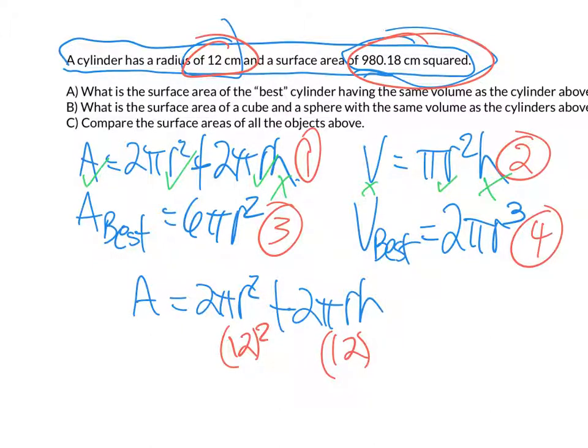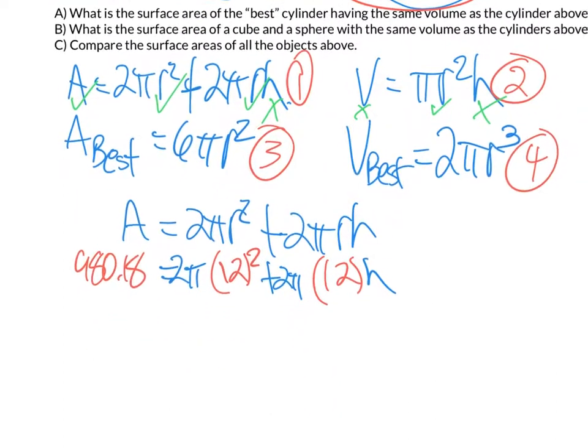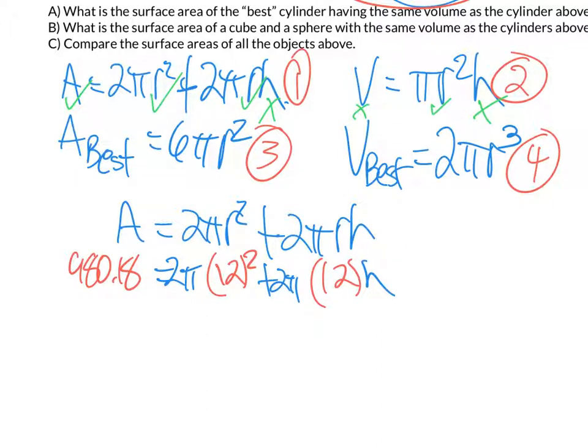I also know the area is 980.18. So that's equal to 2 pi times 12 squared plus 2 pi times 12 times h. Okay, so that's the formula.